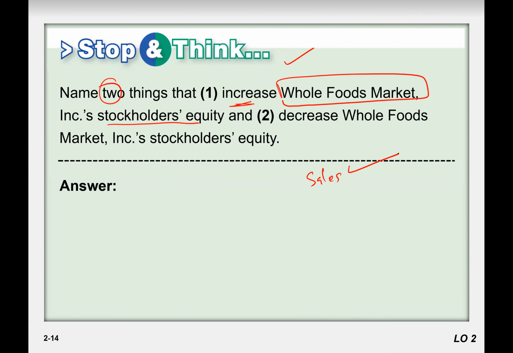Very nice, but retained earnings what? Increase in retained earnings or decrease in retained earnings? Increase in retained earnings would be increasing shareholder equity. Increase in sales, already. When we have sales, it increases the stockholder equity. Anything else?